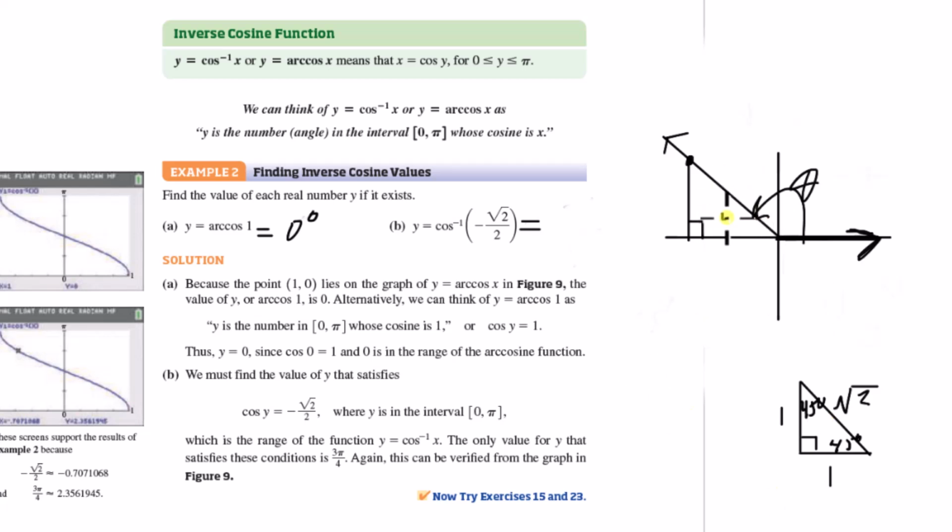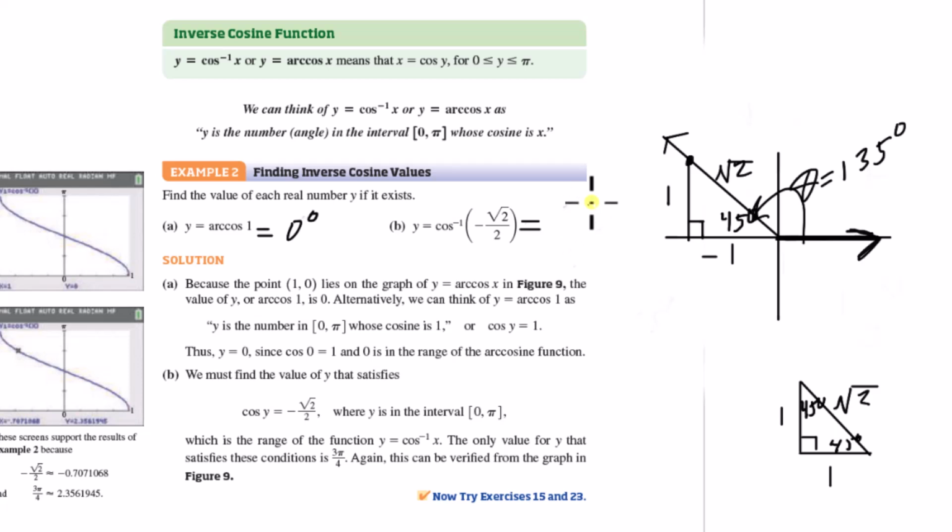That means the reference angle is going to be 45 degrees. So theta is going to be 135 degrees, because in that case, the cosine of this reference angle is minus 1 over root 2. That's minus root 2 over 2.